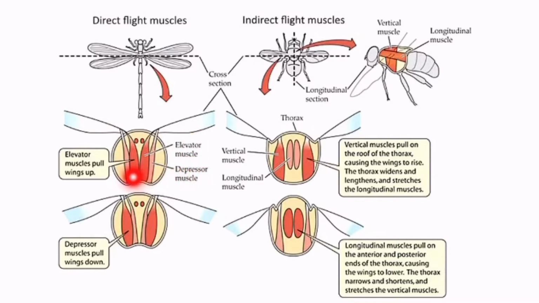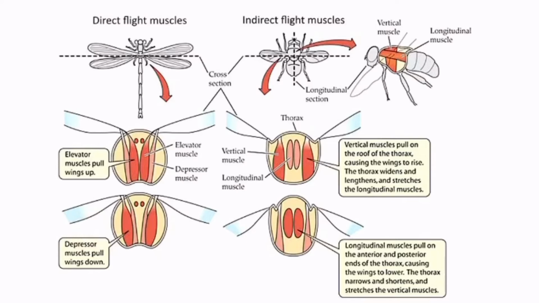When the elevator muscles are contracted, they pull the wings up, so here you see the wing is in the upward direction. When the depressor muscles are contracted, they pull the wing down. So, here you see the wing is in the downward direction.